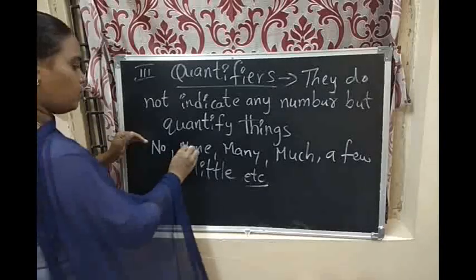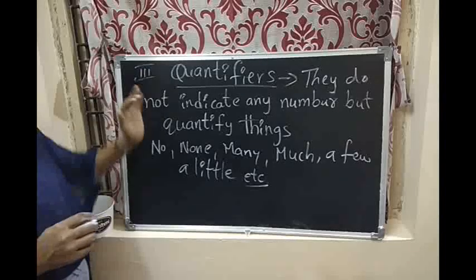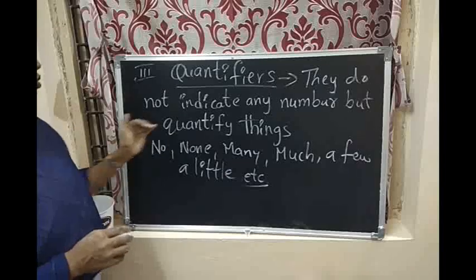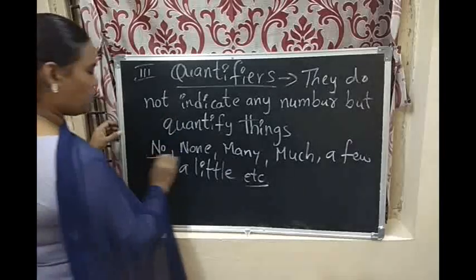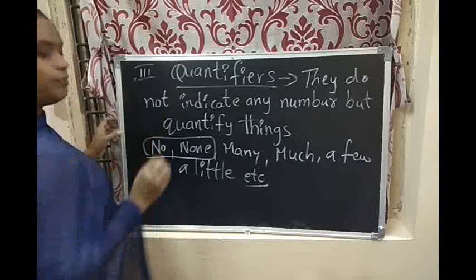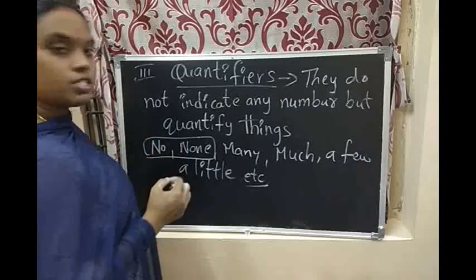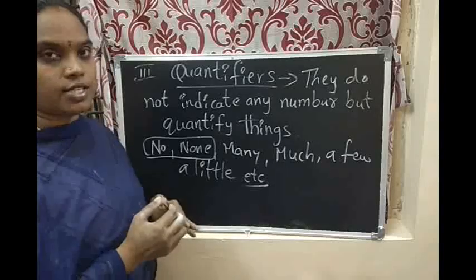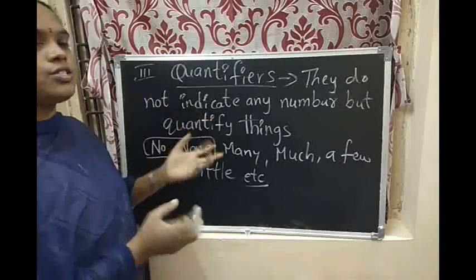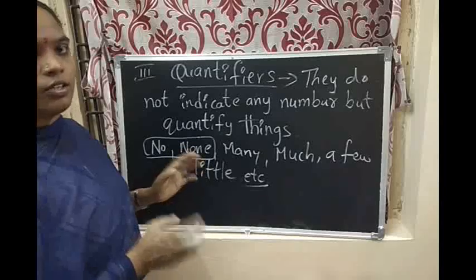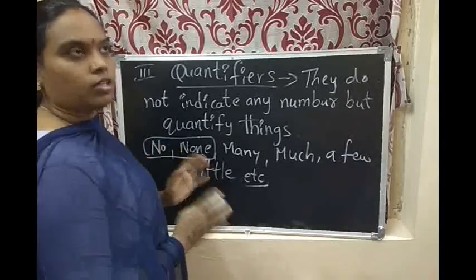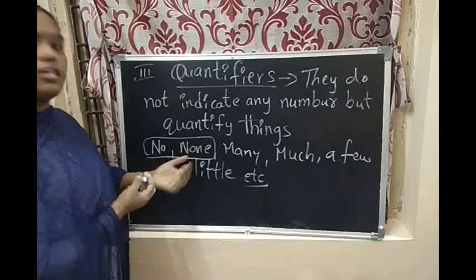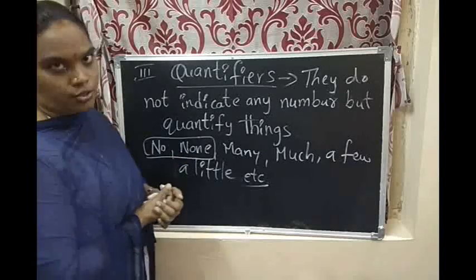Here you have to know first that quantifiers don't give any numbers. No and none are used for a negative sense. Negative sense in the sense that there is not anything there, so for that we use no. None, you can see in multiple choice questions.